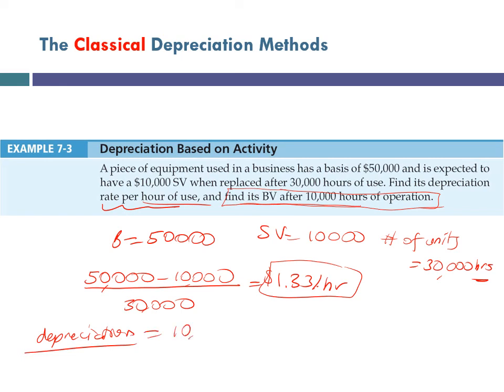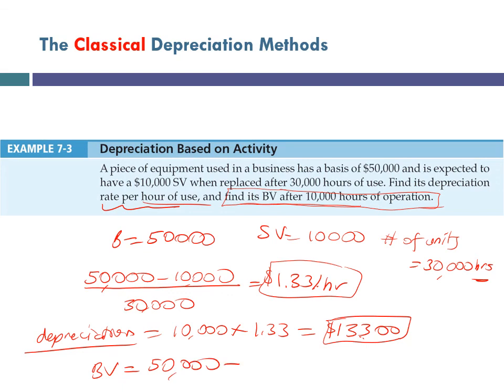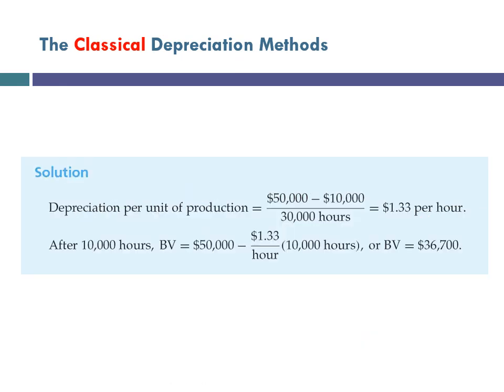It will be 10,000 multiplied by 1.33 dollars per hour, so it will be 13,300. Okay, this will be the total depreciation amount in dollars, and the book value will be the initial book value, which is 50,000, minus this depreciation amount. Okay, this will be the book value.